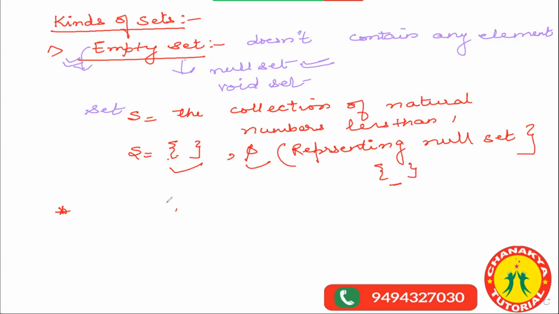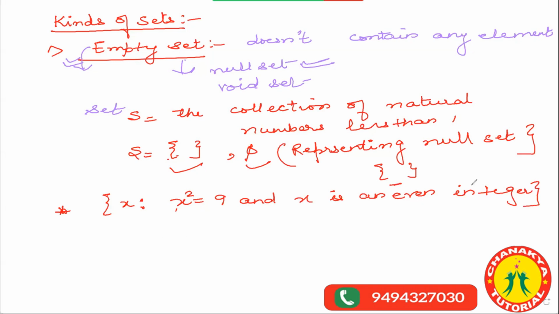Now suppose I ask you: x such that x square is equal to 9 and x is an even integer. Is it possible? No. The word even I have used here.